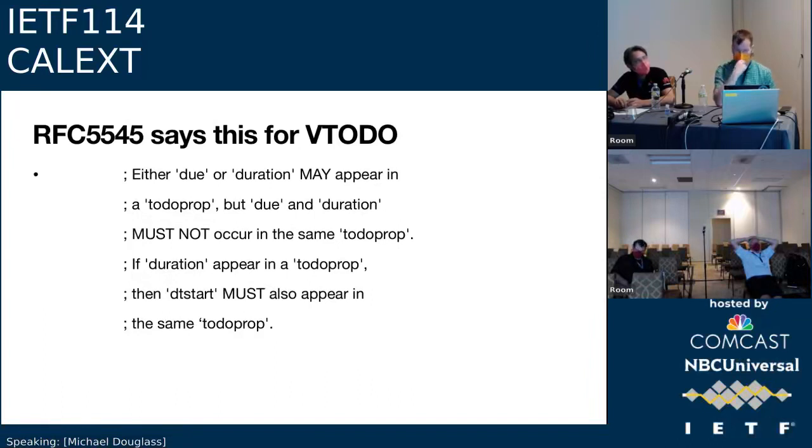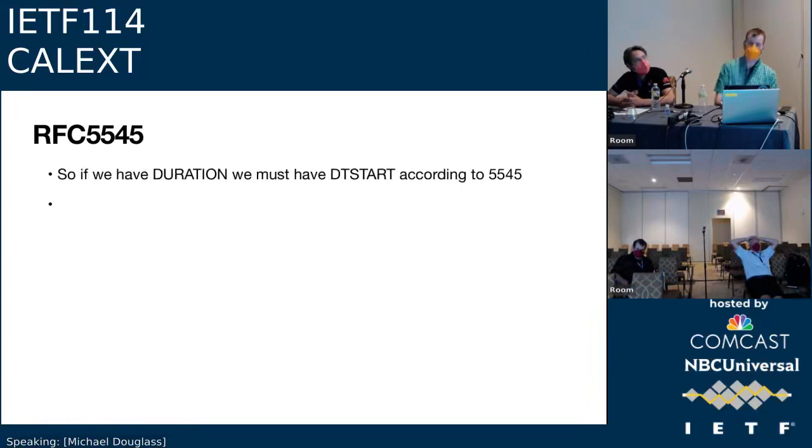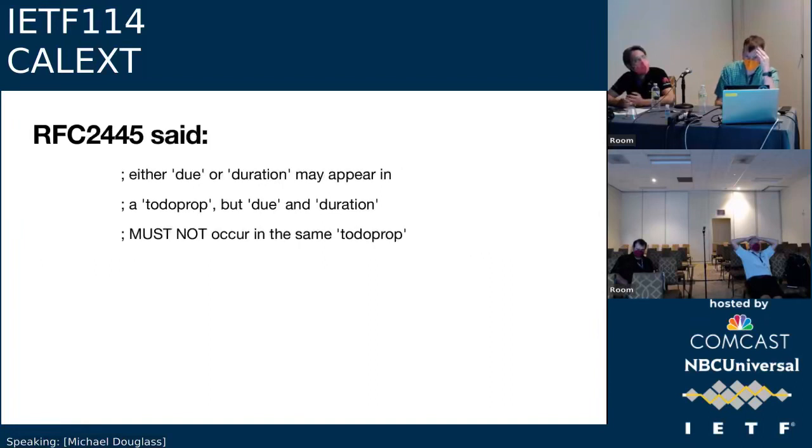If we go to the next slide. Okay, just saying the same thing again. You've got to have a DTSTART according to 5545. Now, 2445 didn't say that. It didn't have that restriction. So that restriction got slipped in when Bernard rewrote 2445 and produced 5545.